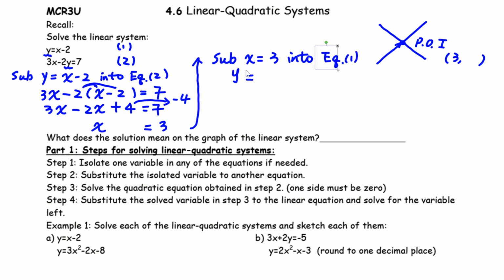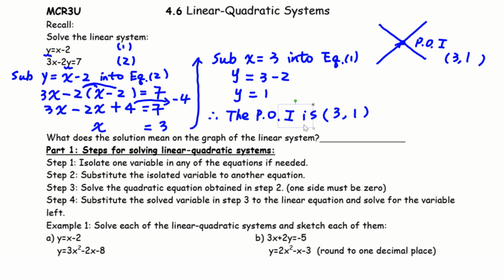So y equals x, replace it with 3, then minus 2, so y equals 1. Therefore, the point of intersection has x coordinate 3 and y coordinate 1. So it's done. This is what we did for two straight lines.